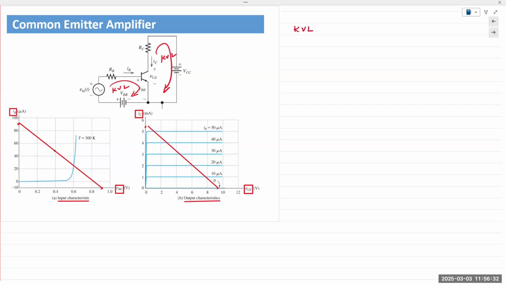So KVL for the input loop gives us minus Vin(t) plus VRB plus VBE minus VBB equal to 0. Vin(t) would be known to us. VBB would be known. Our VRB is IB times RB.